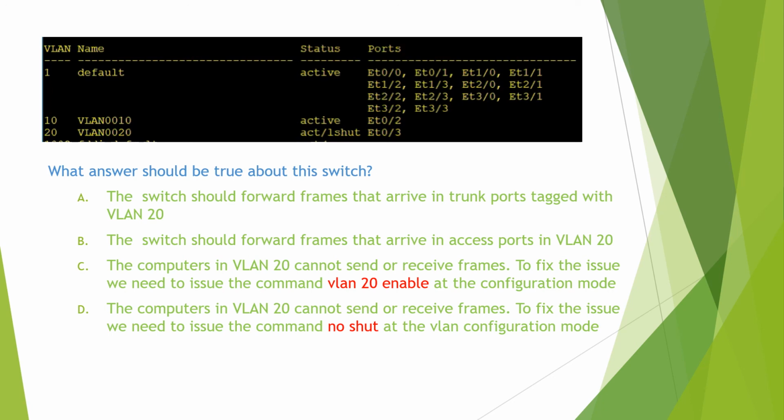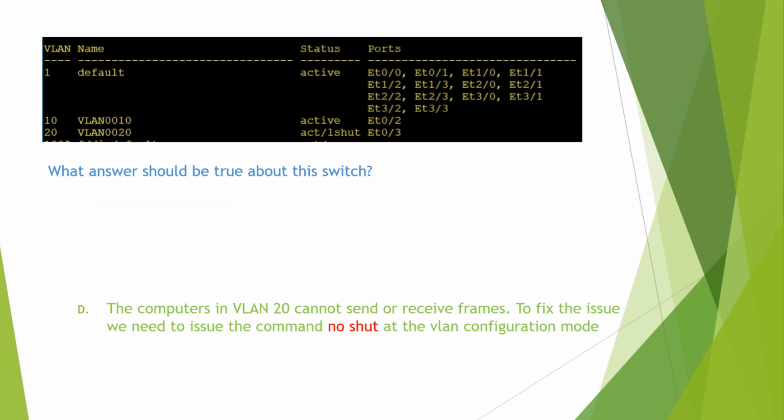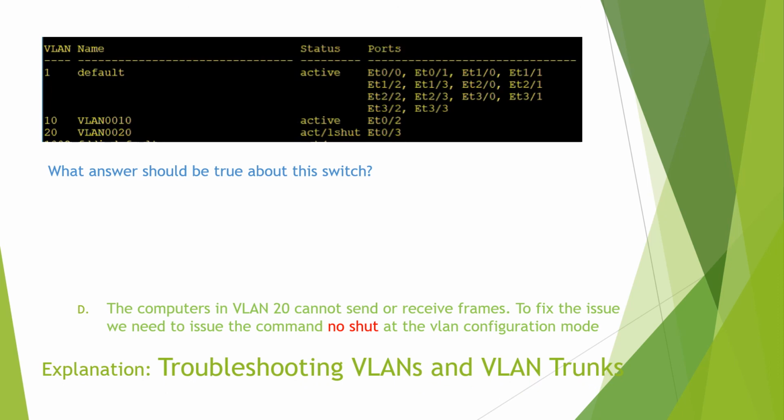To fix the issue, we need to issue the command no shut in the VLAN configuration mode. So the answer for this question is D. You can find the detailed explanation for this question in the video, troubleshooting VLANs and VLAN trunks.